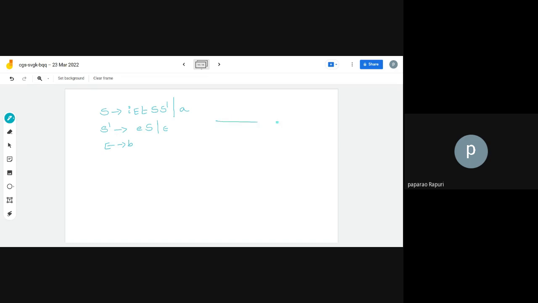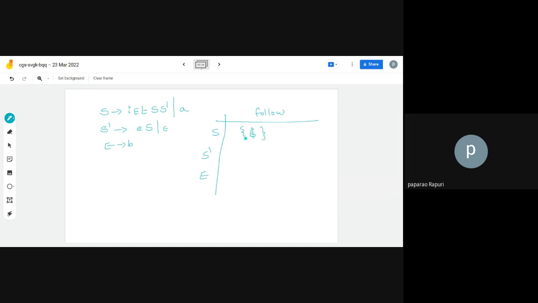Take follow for S, S dash, E. Here S is the start symbol, so we simply add dollar to this one.